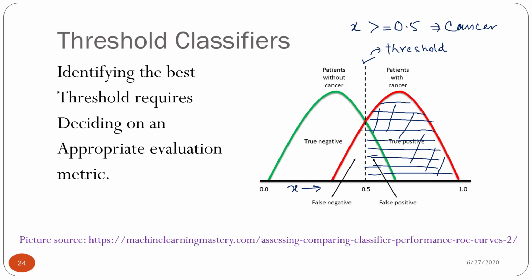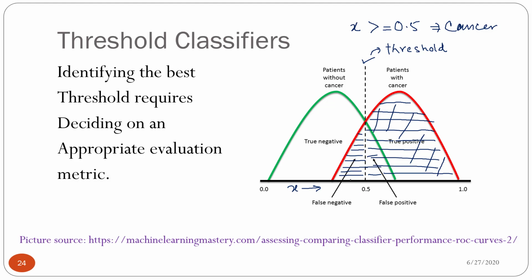How about this region which is positive, but because of the threshold it is being declared as negative? This is the threshold. So this portion that you look at here, which is the red curve but on the left hand side of the threshold, is false negative. Why false negative? Because these were actually cancer patients, but because of this threshold and this issue with the classifier, this section is being marked as negative.